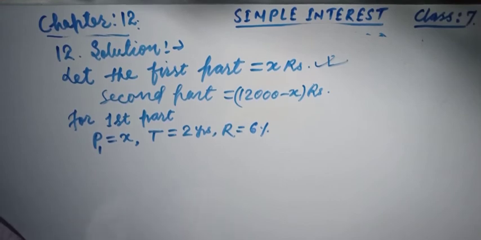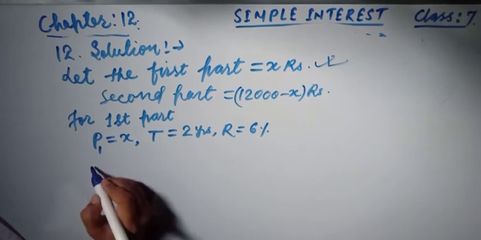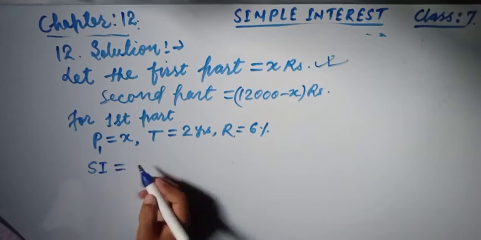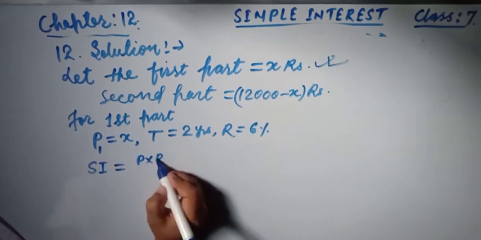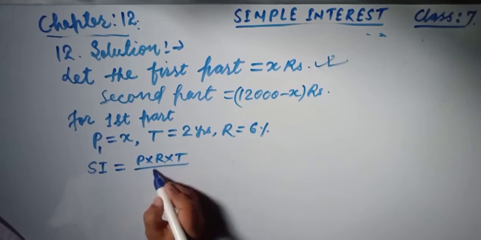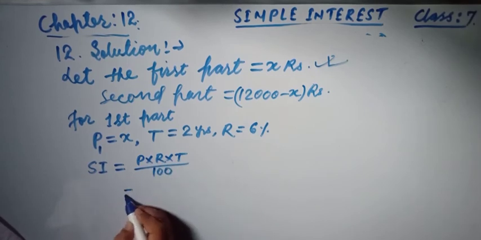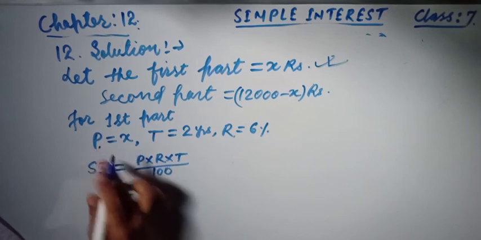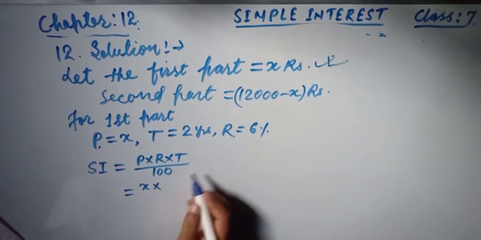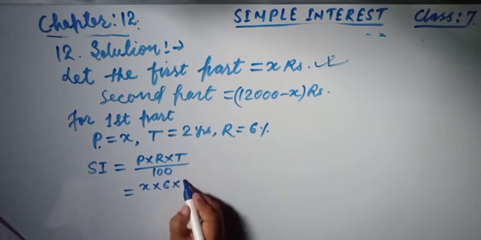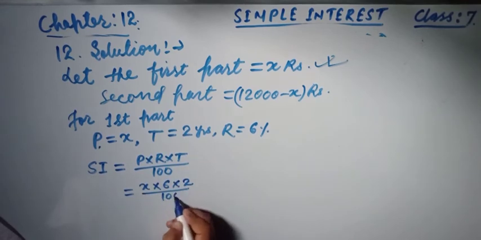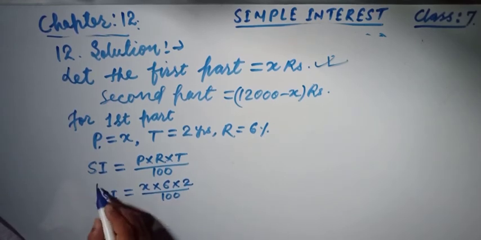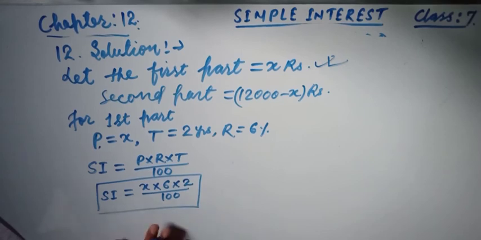Now friends, here we can find the SI. SI is equal to P into R into T divided by 100. Here P or P1 are both the same, or we can write only P. This is X, R is 6, and T is 2, divided by 100. This is the SI for the first part.